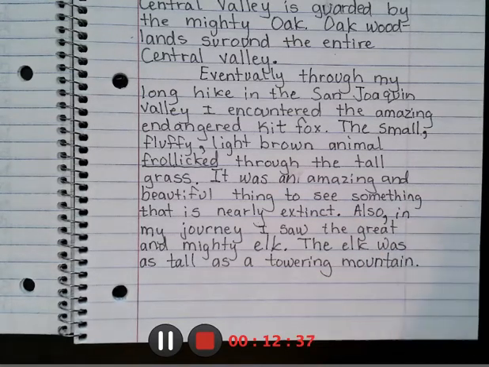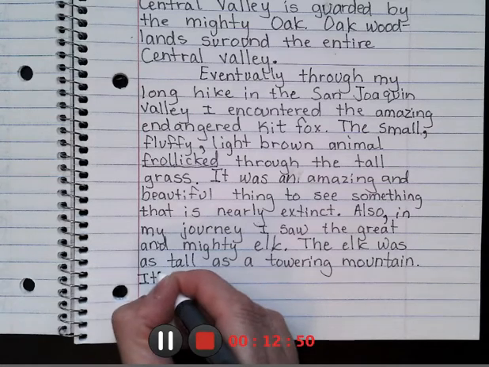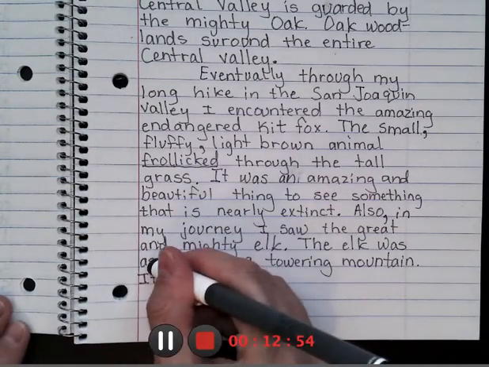Its horns looked like a crown upon its head, like it was royalty, a big crown. So its, nope, that's not right. Well, maybe it is.